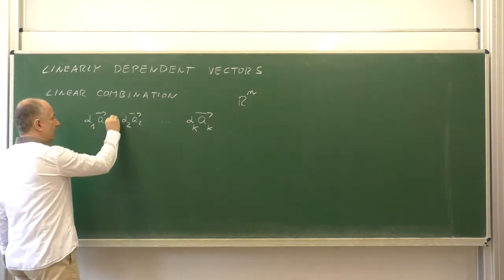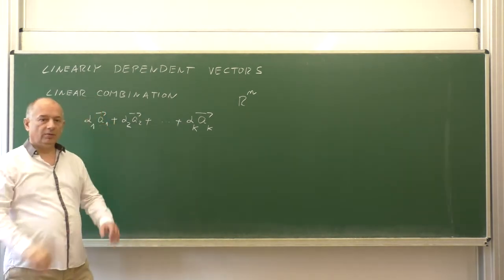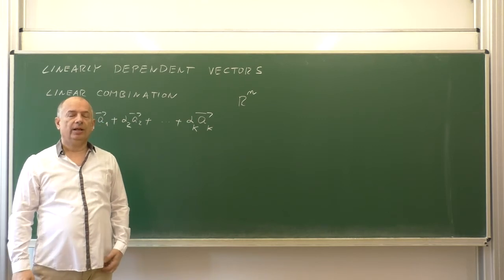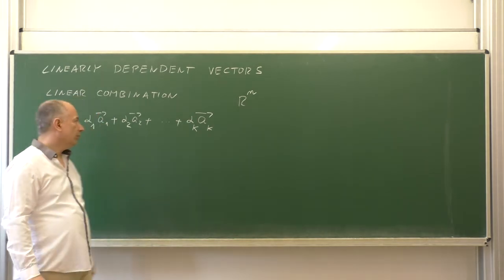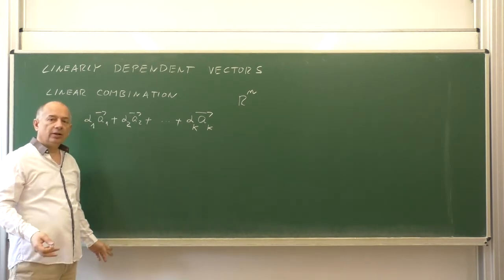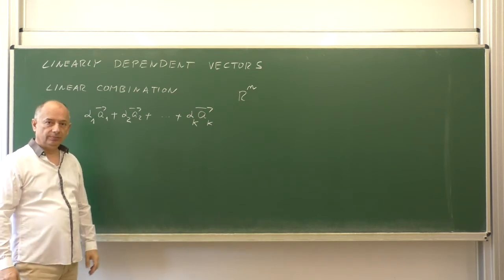And then we can add all these, giving as a result another vector from the same space, from Rn, that means having n real components. And this operation is called a linear combination of these vectors with these coefficients.